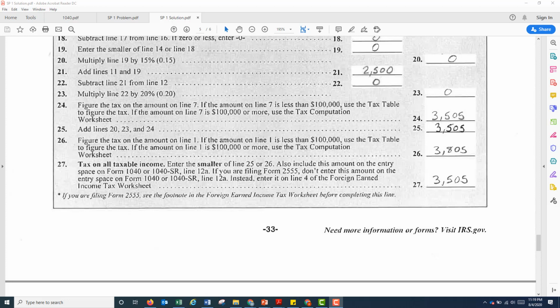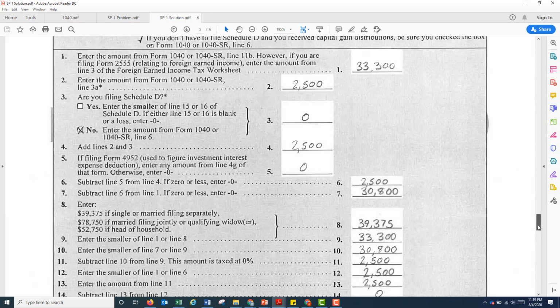But first, what is line 25? Line 25, $3,505. Where does that come from? The source of that is from line 7, the tax on the income that's reported on line 7. Here's line 7, $30,800. Where does that come from? That is the difference between $33,300 in line 1, that's the taxable income, and we will see the same number on line 11B, taxable income.